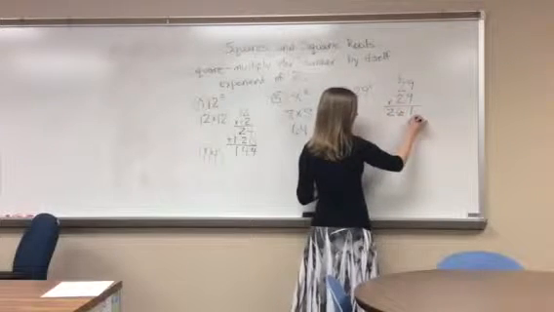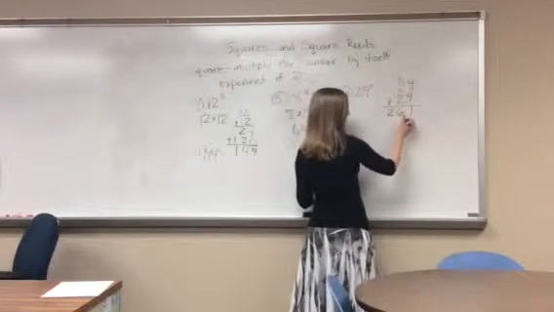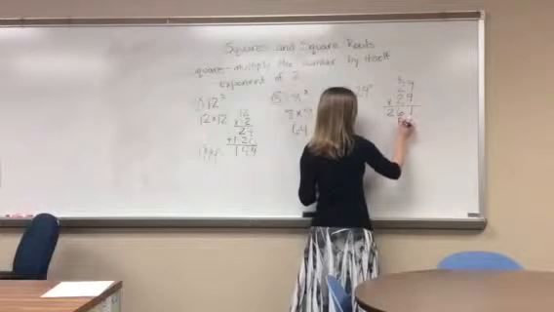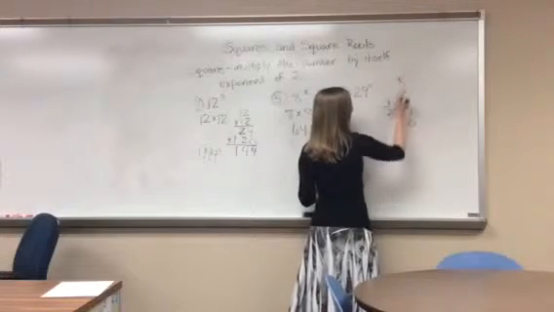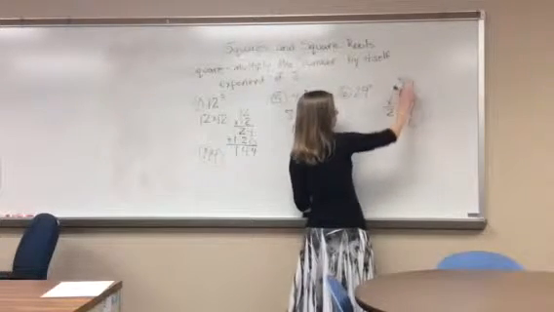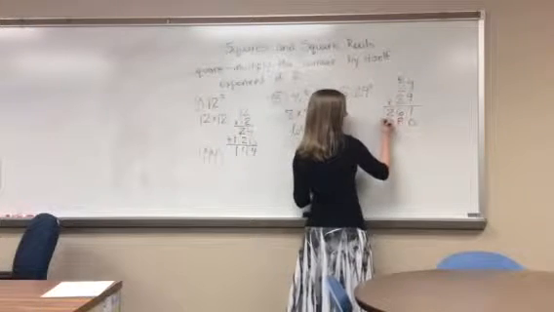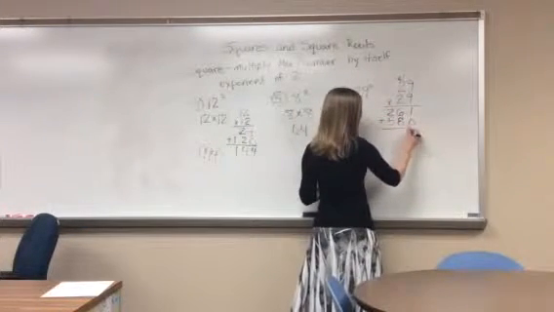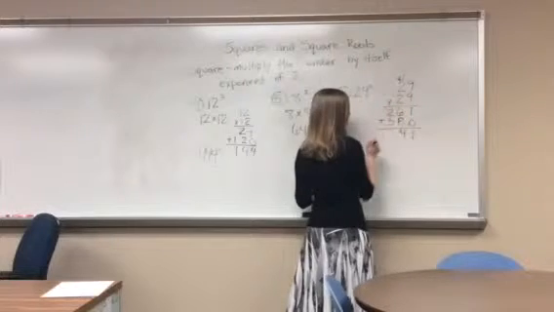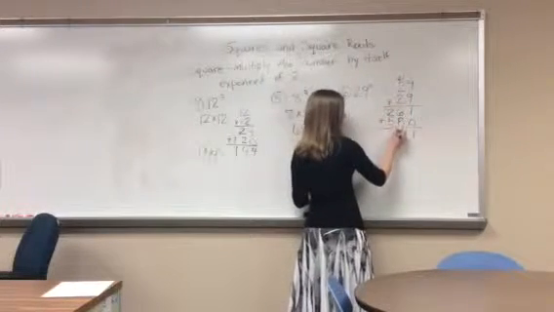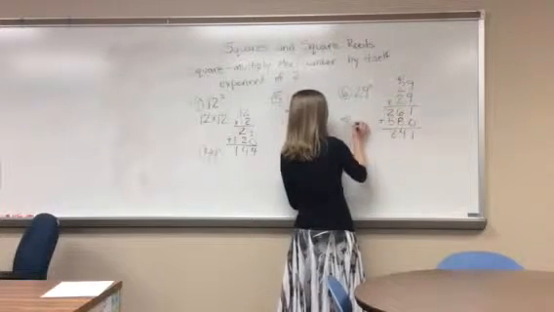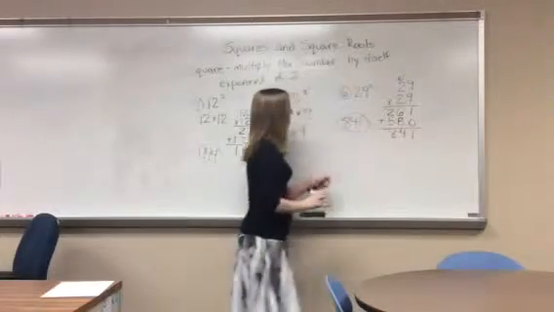Have your 0 placeholder. 2 times 9 is 18. Carry the 1. 2 times 2 is 4, plus 1 is 5. Add those together. We get 1, 14. Carry the 1. 7, 8. So 841 would be our answer.